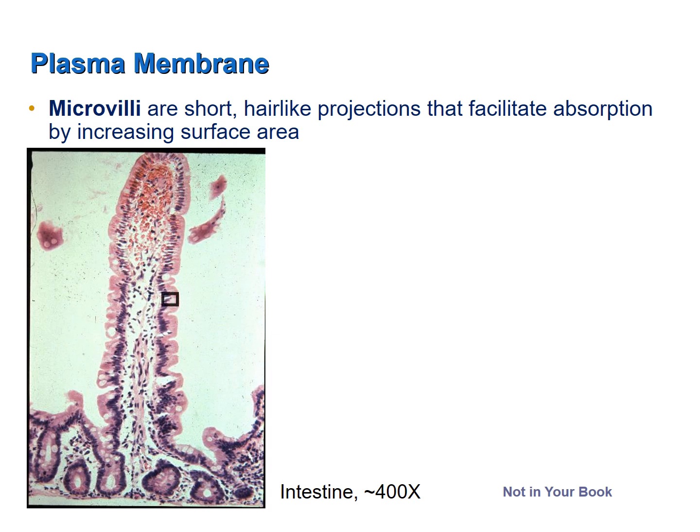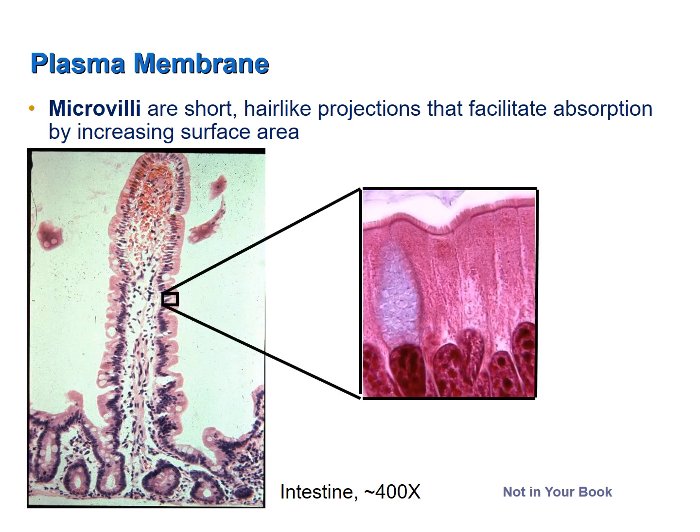So if we were to focus on a portion of the villus here and increase magnification such that we could see the individual cells, then you can see the microvilli here. Microvilli are also called a brush border because they sort of look like the bristles of a brush.